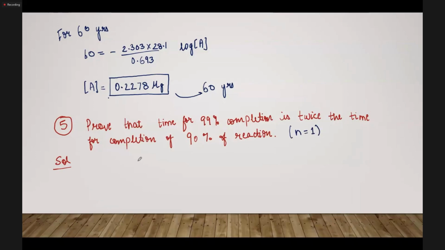Because it is a first order reaction, we will first start with the integrated rate law equation: 2.303 by k log a naught by a. a naught is the initial concentration, a is the final concentration. Or we can say that if some amount has been used, it is the remaining amount.